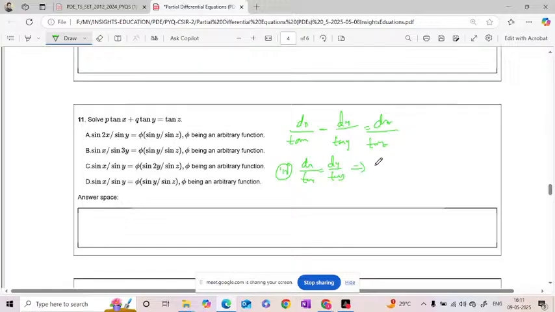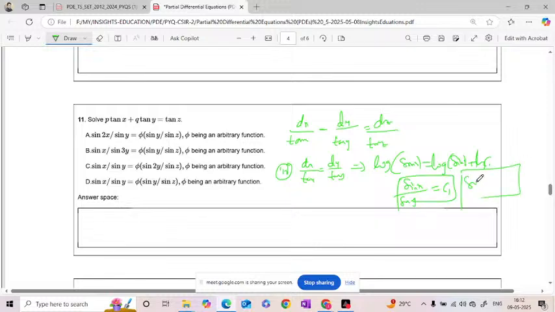Integration of cot is log of sine of x is equal to log of sine of y plus constant. So our solution is sin x by sin y is equal to constant. This is the first one. Or you can write the solution like this: sin y by sin x is equal to constant. It is the first solution from 1 and 2.